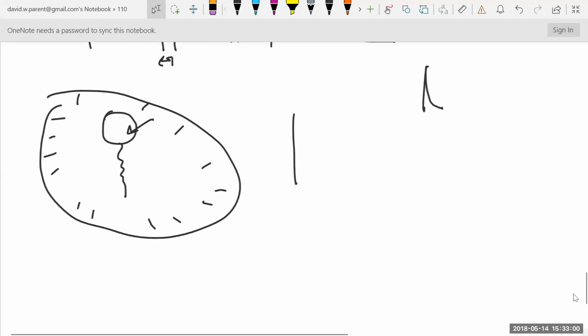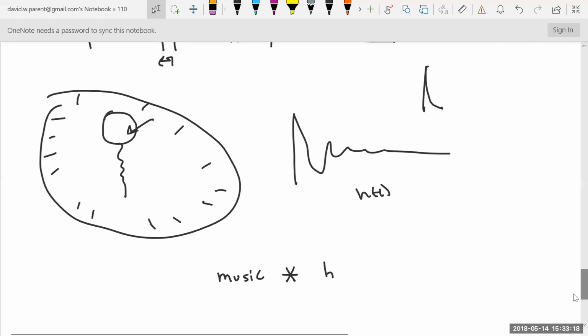I'm just going to make up this system response. This is h of t that he measures. He digitizes it, puts it in a program, and then you put in music. You convolve with that h of t that you measured, and then you get what it's like to be in a stadium.